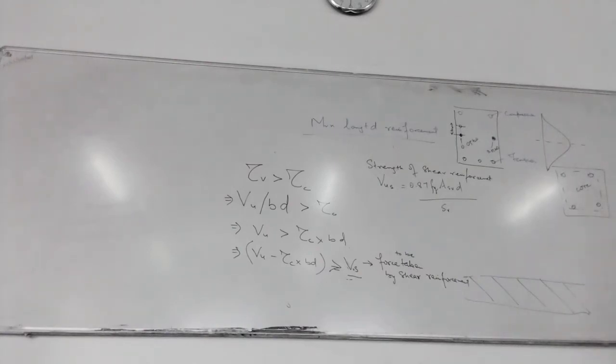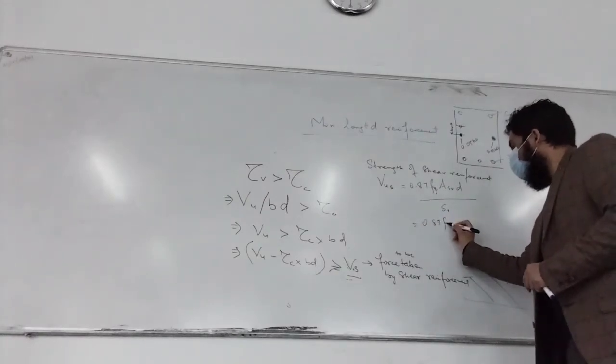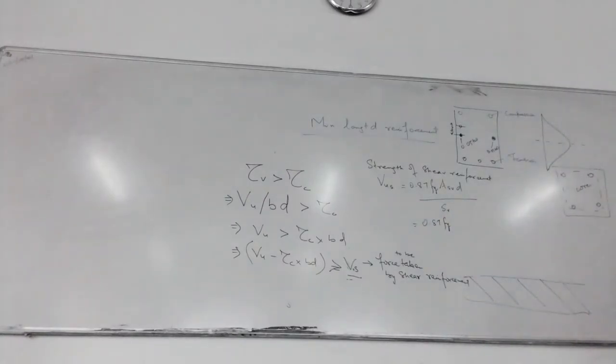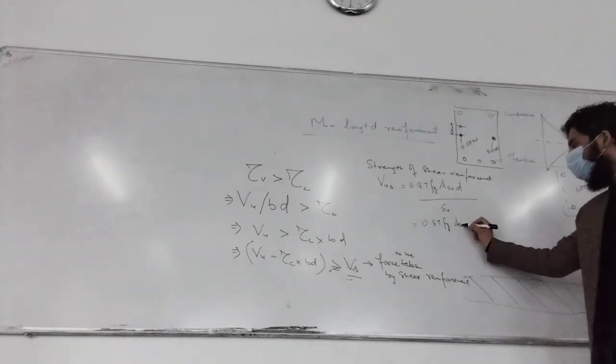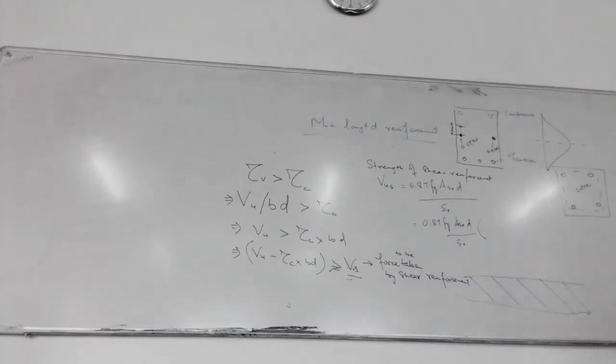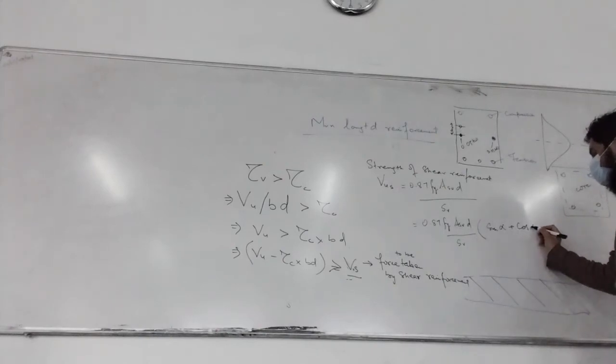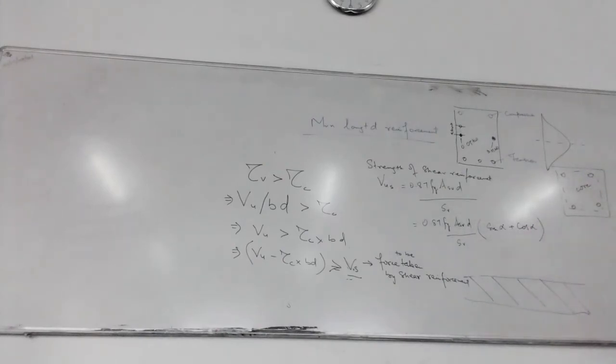And when it's inclined, then it's 0.87 into fy into Asv into d by Sv into sin alpha plus cos alpha.